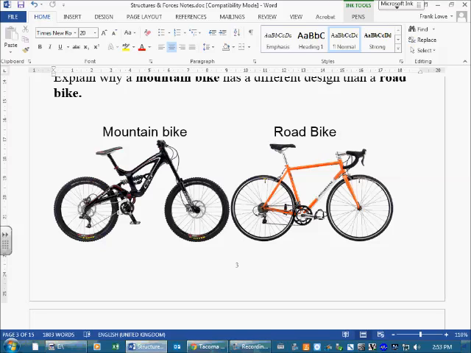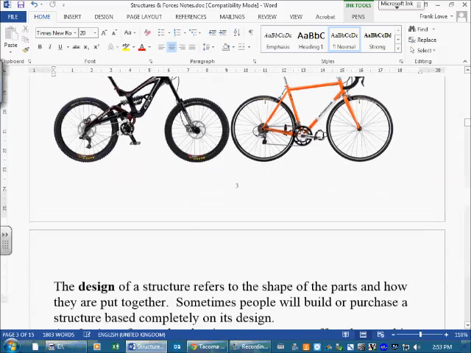Difference in tread on a tire, the thickness of the tire, the strength of the frame, the aerodynamic posture that you would have when you sit on the bike. Mountain bikes have shocks, road bikes don't. So there's lots of different elements, parts of their design that are different, which affects how we use them. Okay, so there's a couple of examples of that.